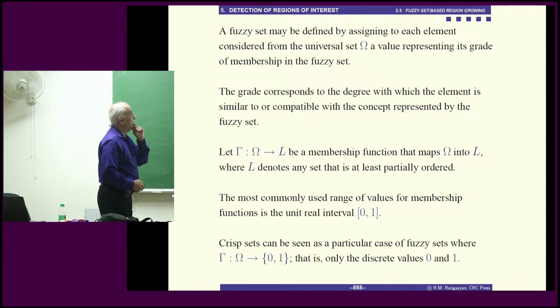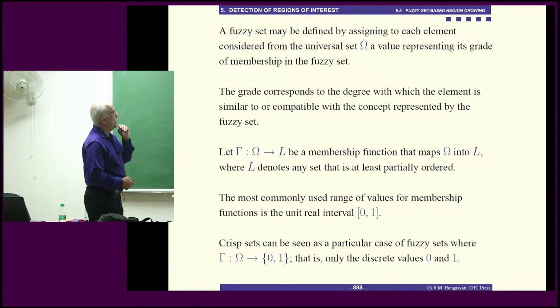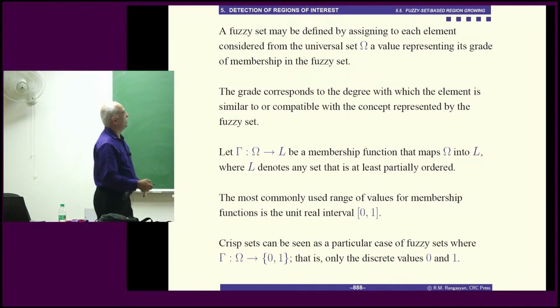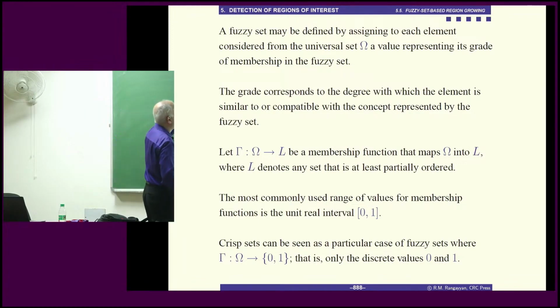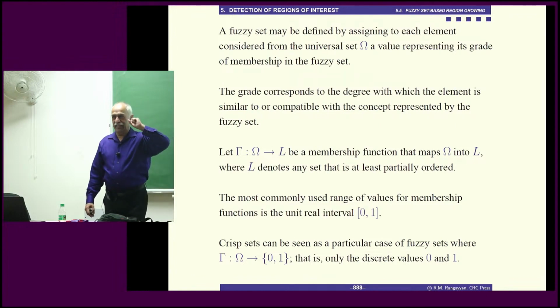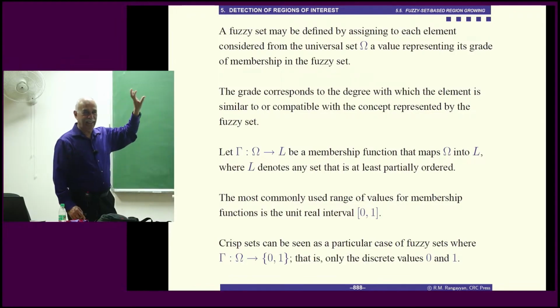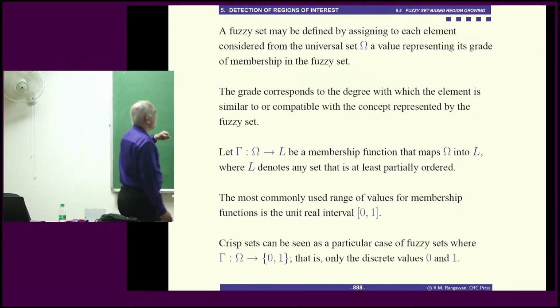So you define a fuzzy set by assigning to each element of the universal set, omega, the whole set of everything, a value representing its grade of membership in the fuzzy set. This grade corresponds to the degree with which the element is similar to or compatible with the concept represented by the fuzzy set. Some of the terminology is computer science terminology here.